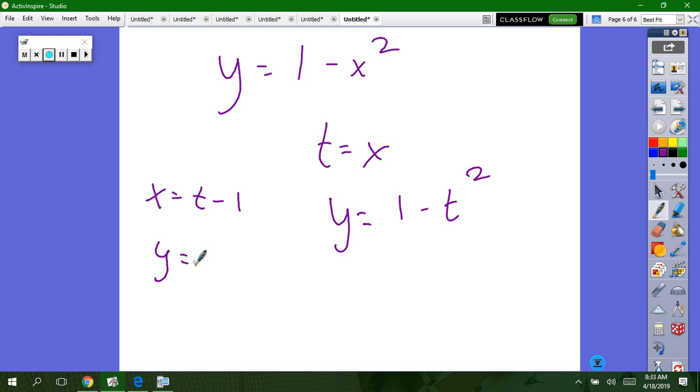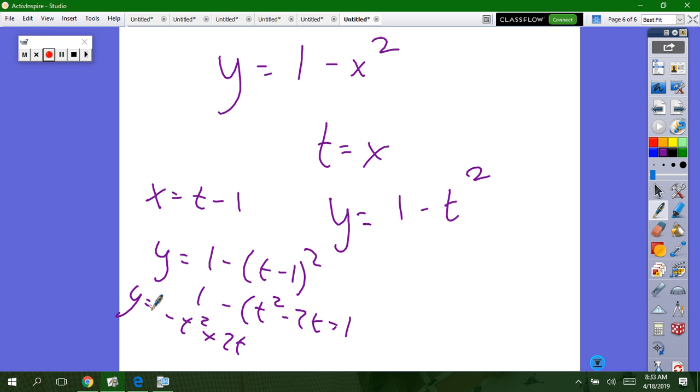So y would equal 1 minus t minus 1 squared, which I probably would go a little bit further, which is just negative t squared plus 2t. With me? Now, they might tell you to put it in parametric if this is the case, or if this. Everybody good?